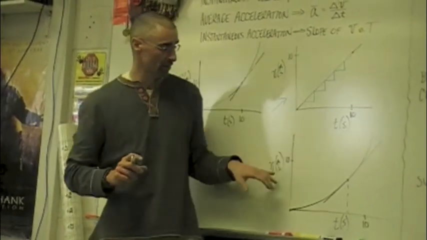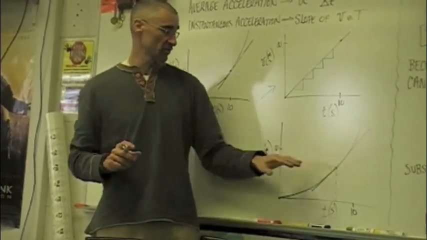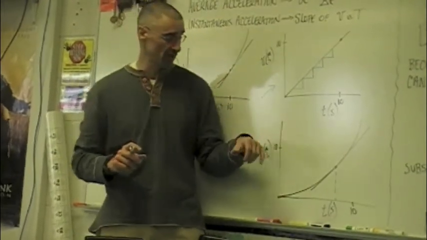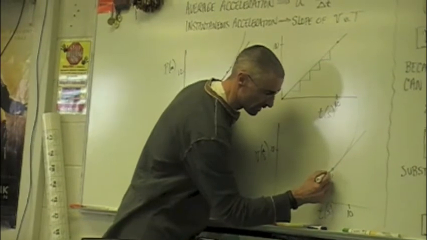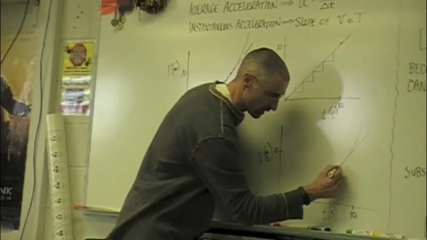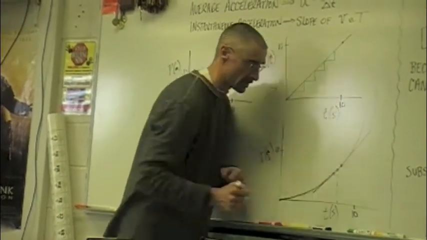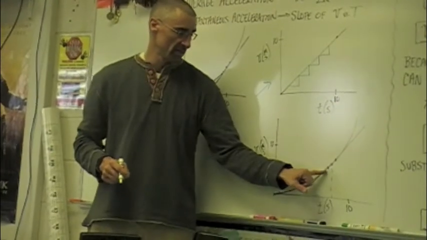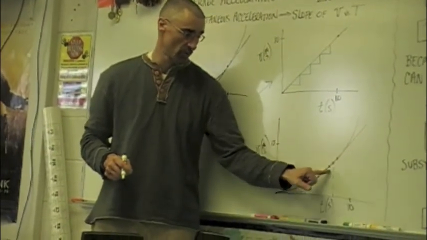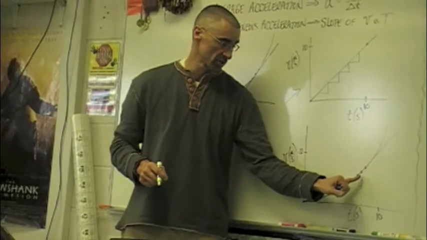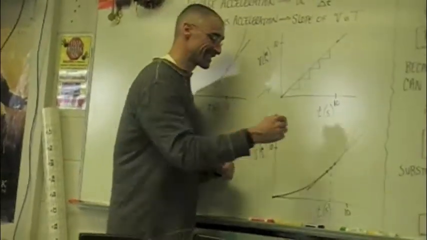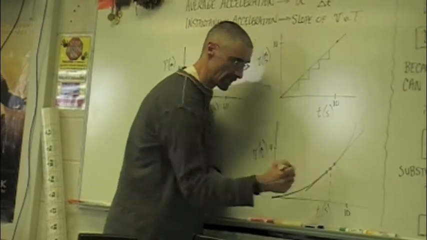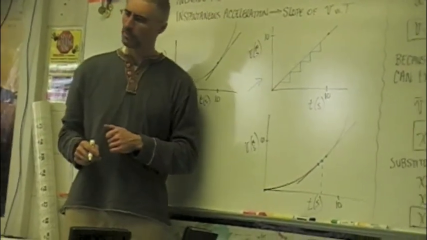Well, if you had calculus, you would just take the second derivative of your position versus time. Or you could, without calculus, do what we did in the Motion 1 packet: pick 2 points around it, and then find the average acceleration between those 2 points, and the average acceleration between those points would be a good approximation for the instantaneous acceleration at that point. Does that kind of make sense?